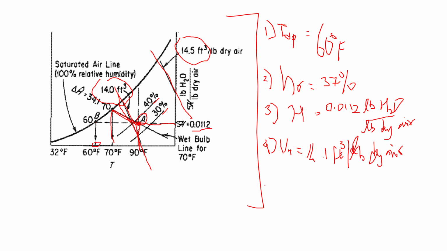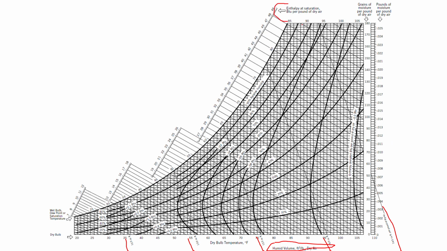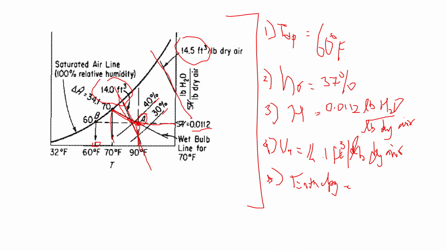The next property will be enthalpy. The enthalpy value we can find from these lines, enthalpy at saturation. These slanting lines will give us the enthalpy at saturation. From the point A, when we extend to this axis, we will get a del H cap value of 34.1, or 34 approximately.